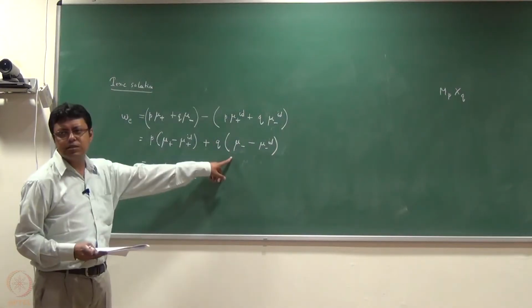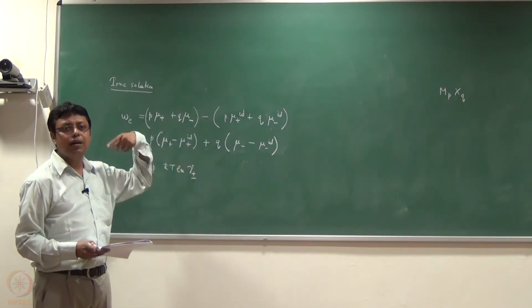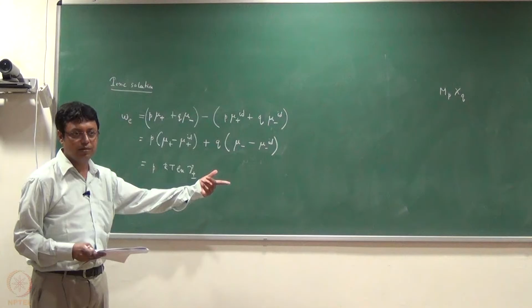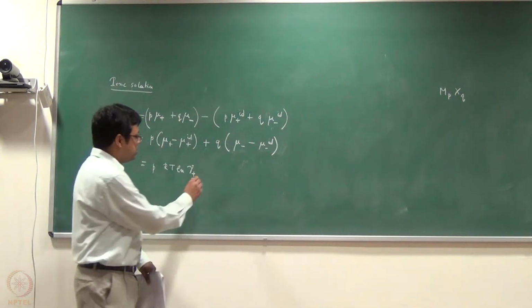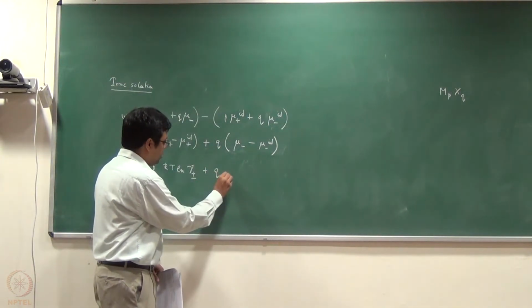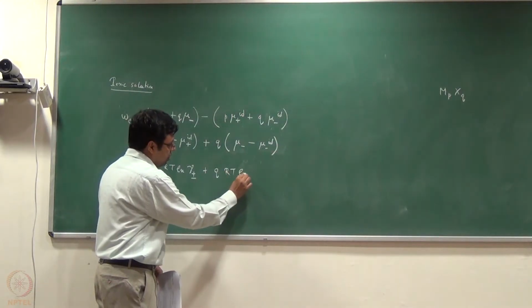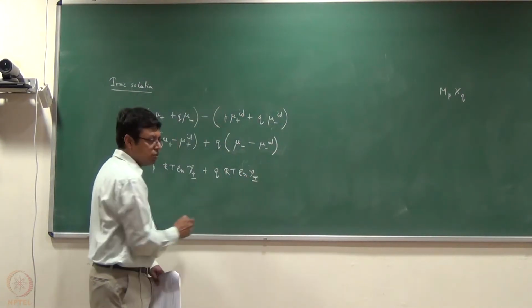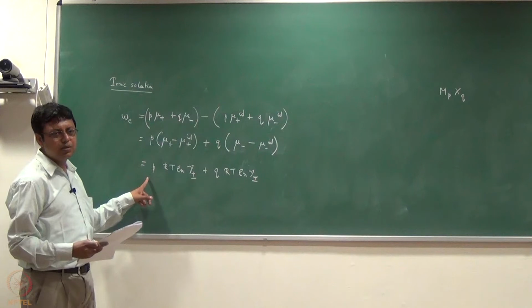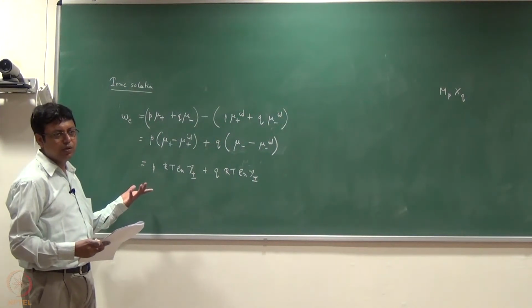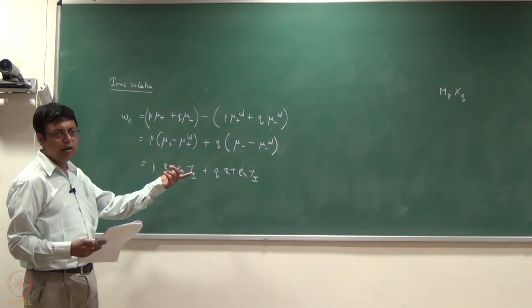For the Q also it was the same, because I said that it is the mean ionic activity. So I can just write it as Q RT ln gamma plus minus. And P and Q together I am writing as S. This S RT ln gamma plus minus.